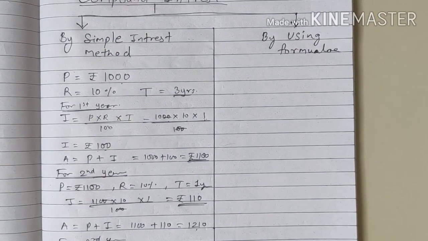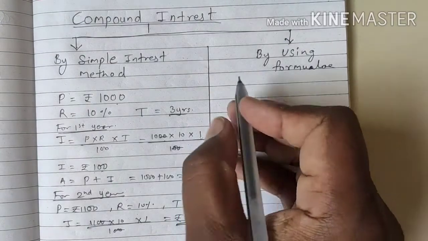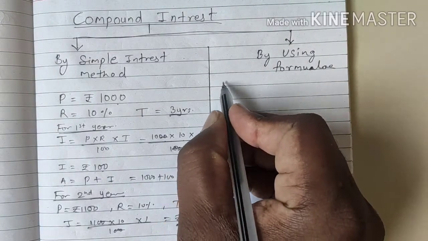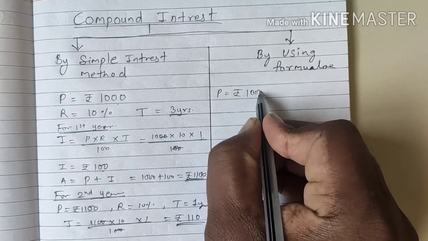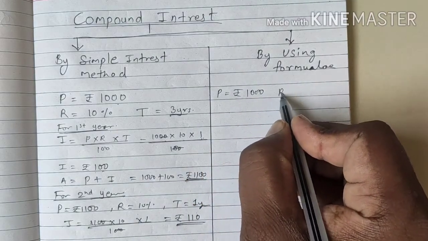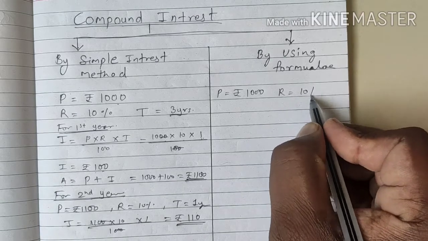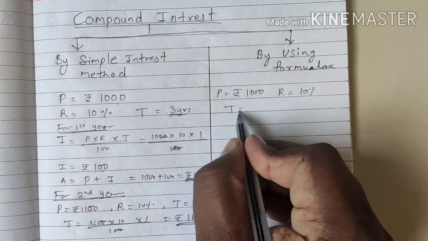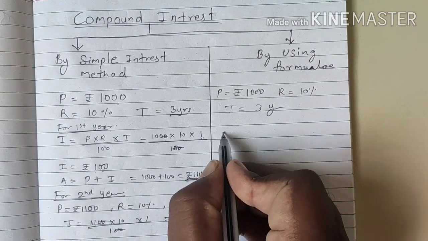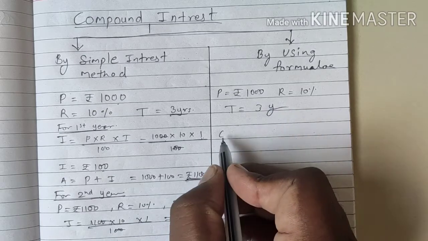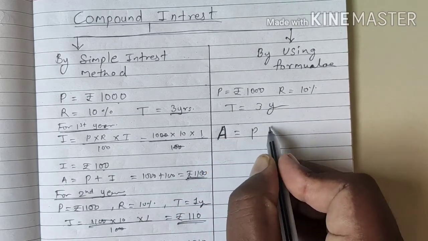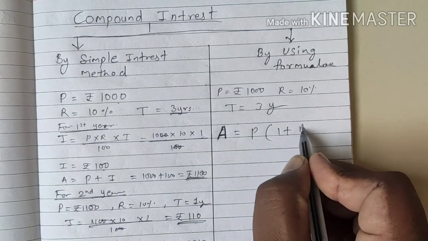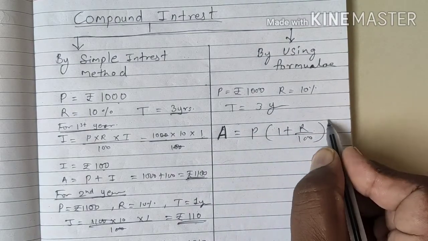Now let us understand compound interest by using the formula. We will take the same example: principal is 1000, rate of interest is 10%, and time is 3 years. In the formula method we can directly calculate the amount for the 3 years by using the formula P into (1 plus r upon 100) raised to n.